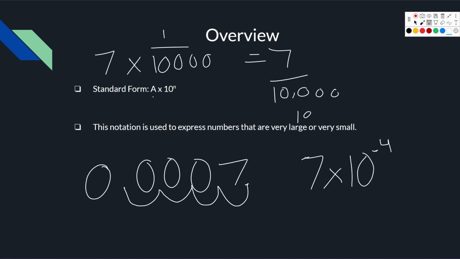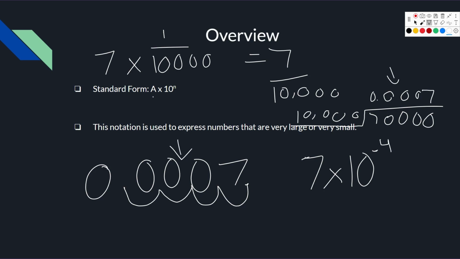And if you want to see further, if we do this division, we're going to get 0 point, and we're going to have to put 4 zeros until we can actually get somewhere. And here at the end, we can finally put a 7. And there's your answer, the same thing as the start.